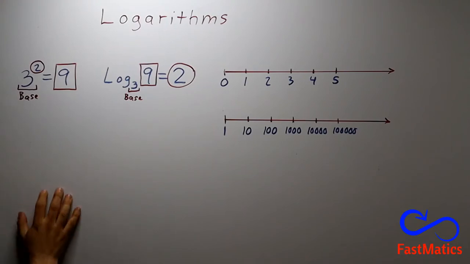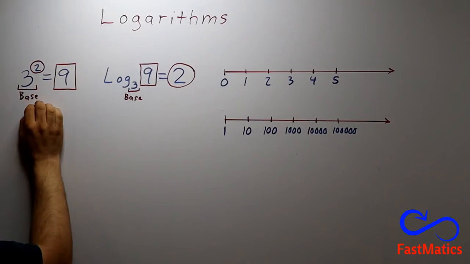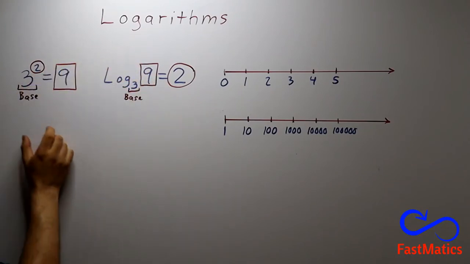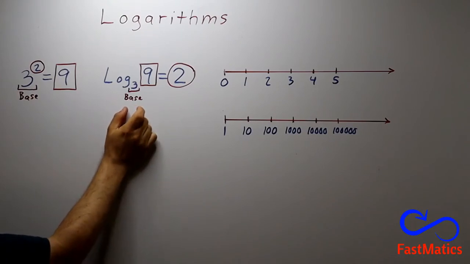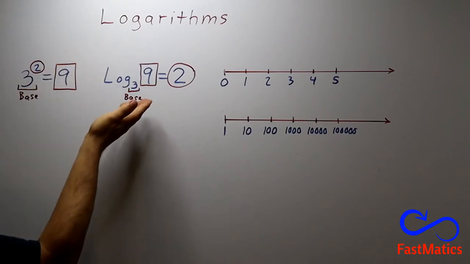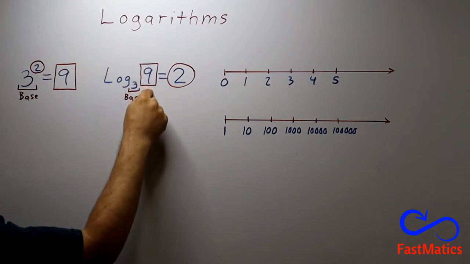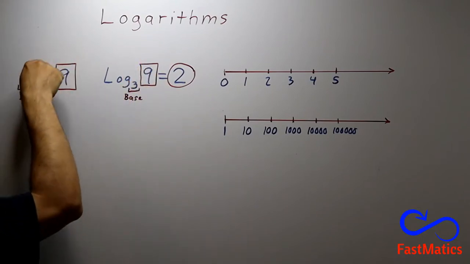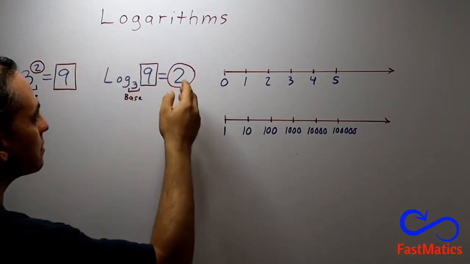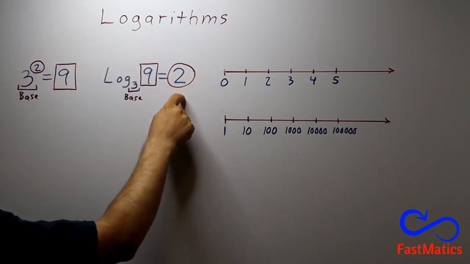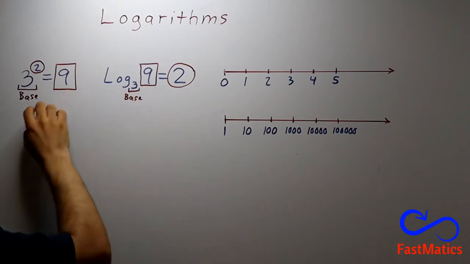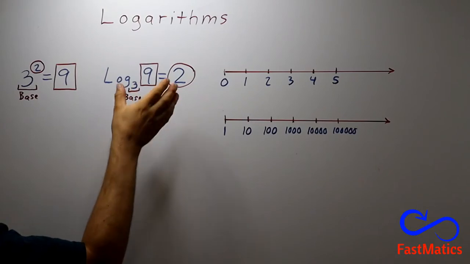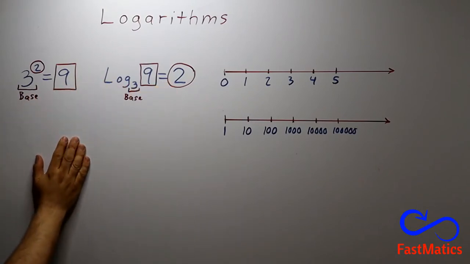So, if you want to pass from exponents to logarithms or vice versa, you need to take the base. The expression that is on the right side will pass to the left side as an argument, and the expression that is on the left side as an exponent will pass to the right side as the answer. So it is easy to pass from exponents to logarithms, from logarithms to exponents.